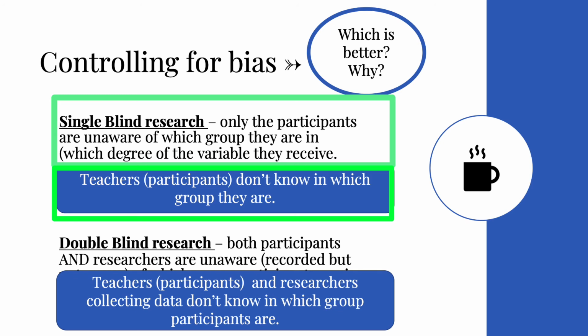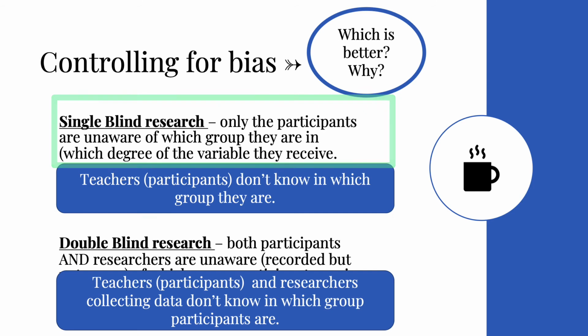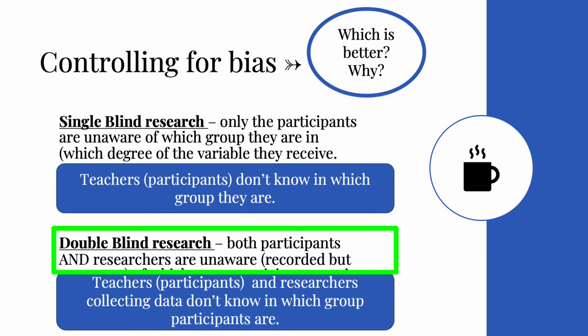Now, a double-blind research is when both the participants and the researchers are unaware. They have somebody working on the side making sure they label all the groups, but the researchers themselves do not know which group belongs to which, the experiment or the control.